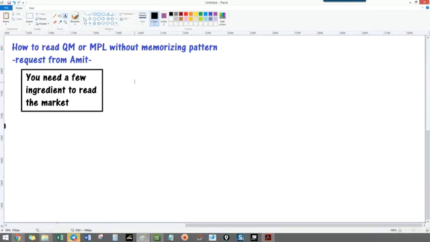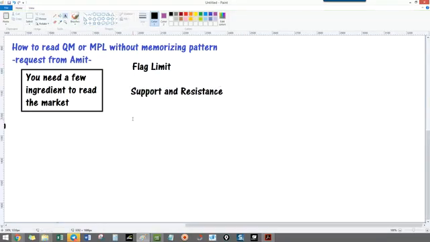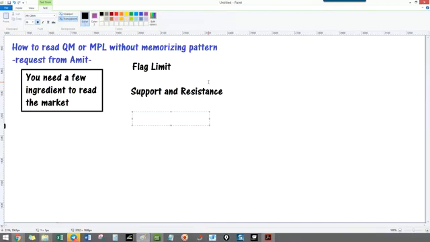One is flat limit, and then support and resistance, and then fail to return or FTR.